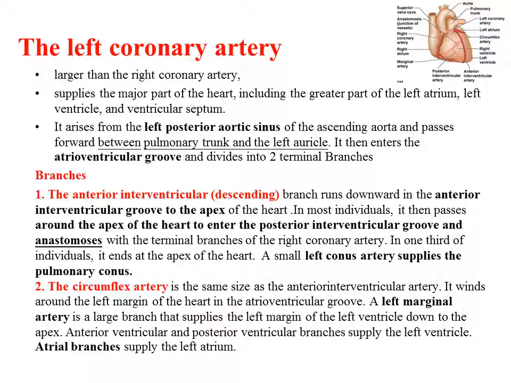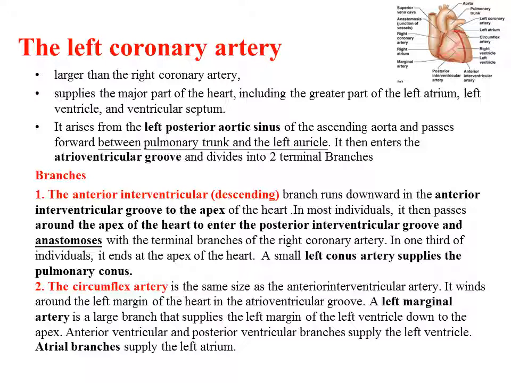It arises from the left posterior aortic sinus of the ascending aorta, and passes forward between the pulmonary trunk and the left auricle.